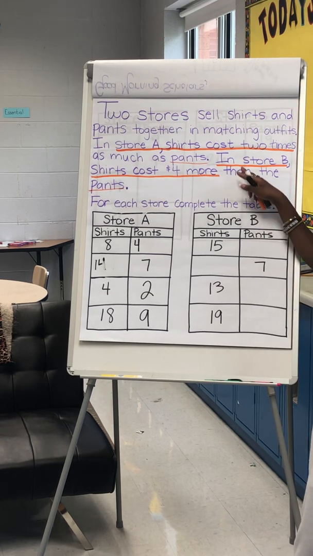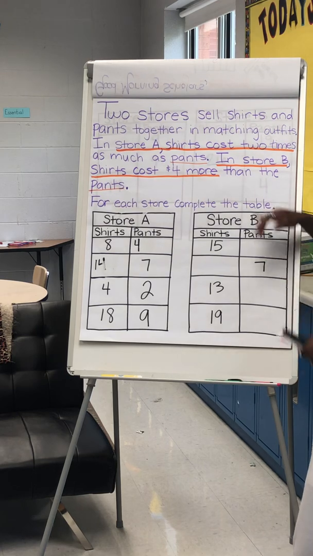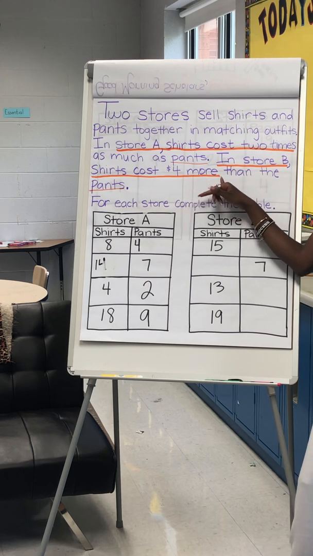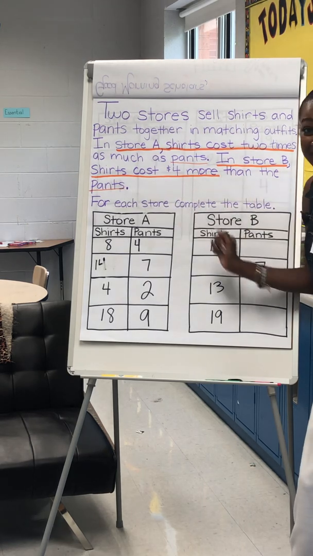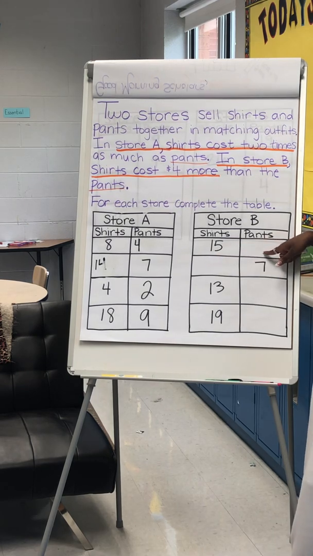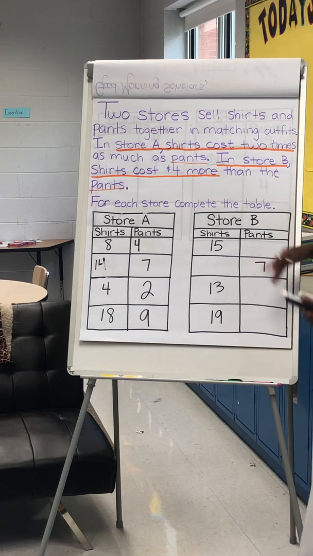What this means is I'm either adding 4 onto my price or I am subtracting 4 from my price to figure out what it is. So here it says in store B, shirts cost 4 more than the pants. So my shirt is $4 more than my pants. So then I need to use my subtraction skills or addition skills to figure this out.